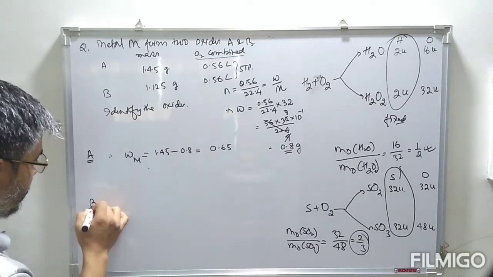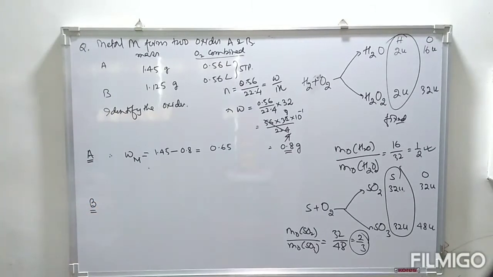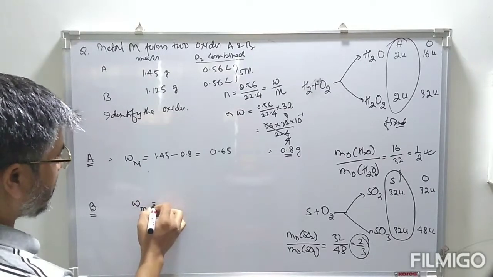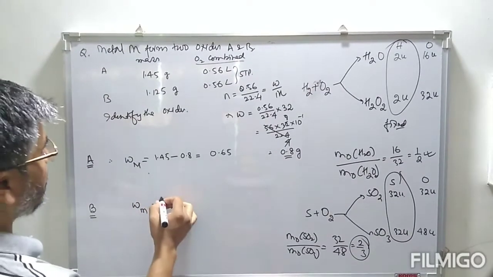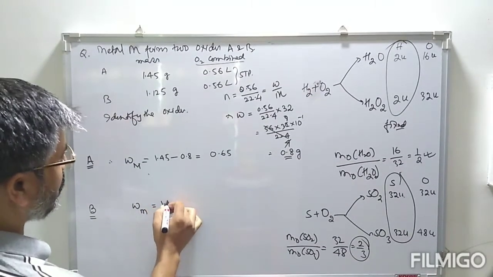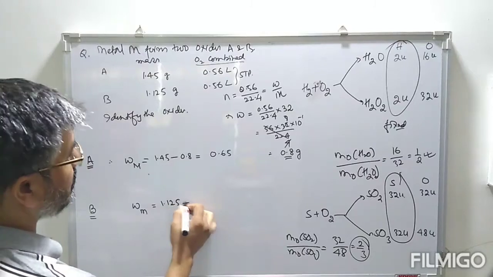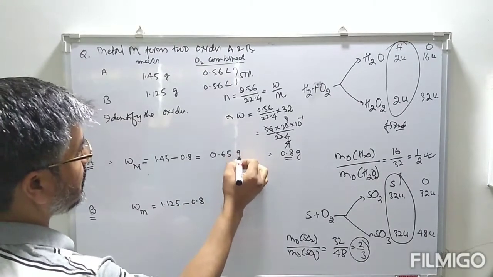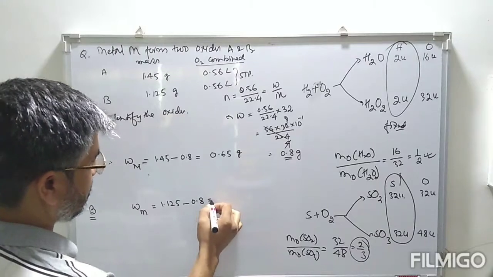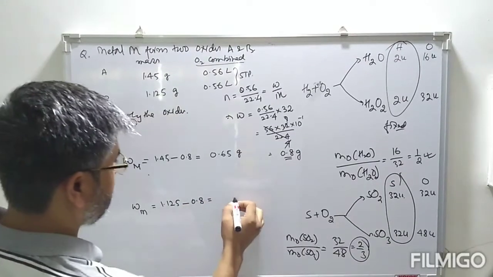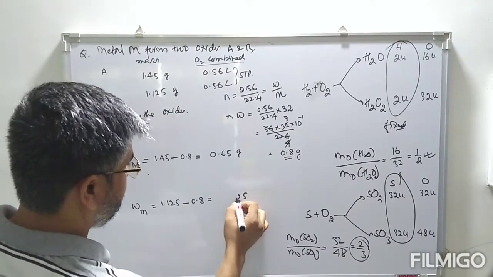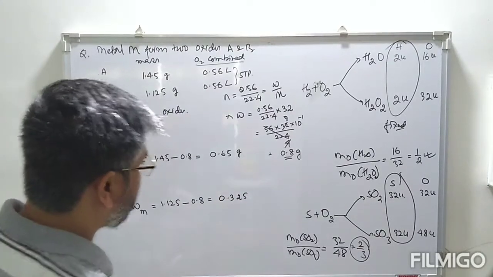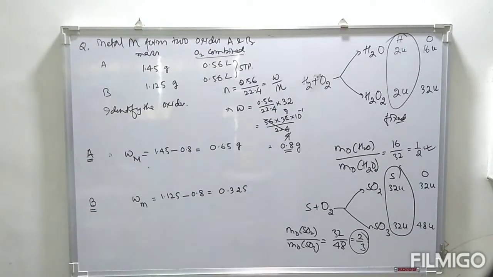In the same way, in oxide B, the mass of metal is 1.125 minus 0.8, which is 0.325.